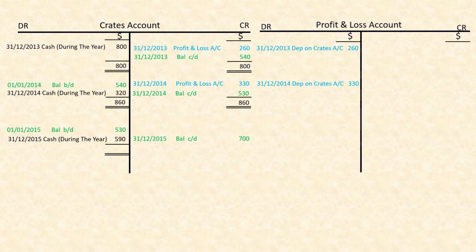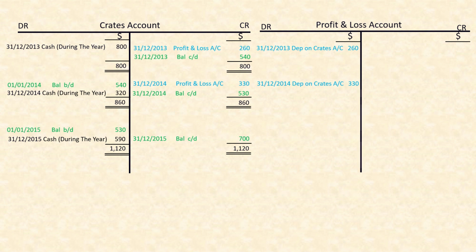If you get the totals here, then you'll realize that the side of 530 and 590 should be greater than the side of 700. So we get the totals here. We use the total of the higher side, which is $1,120. That is the same amount that you use on this other side of 700.